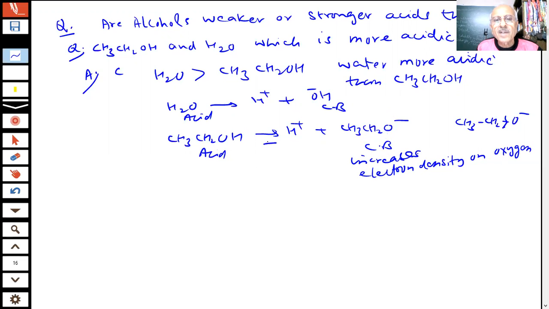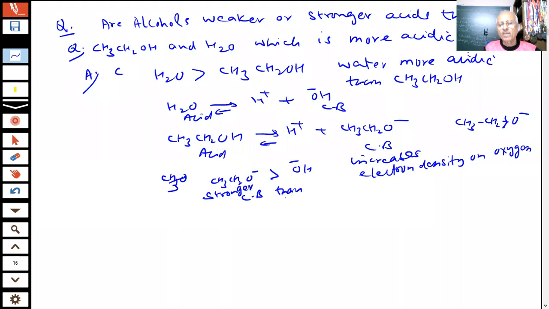It will react with H plus and go back, because CH3CH2O minus is a stronger conjugate base than OH minus.